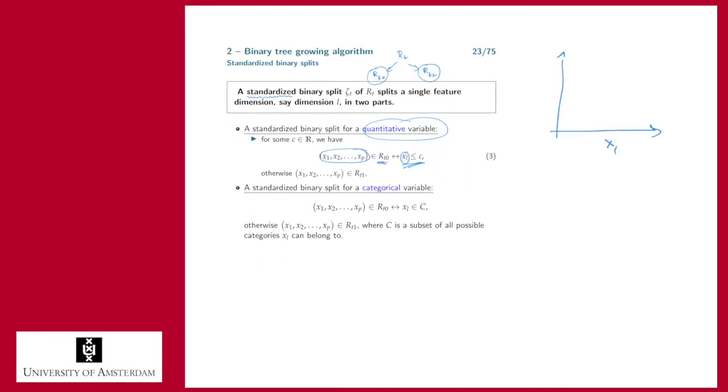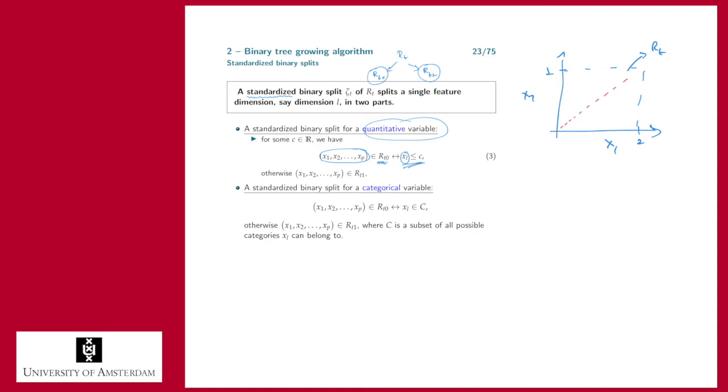assume we have x1, x2, again we have 0, 1, 0, 1. This is our RT space. And we have to split this in two parts. One split that I mentioned on the previous slide is this one. But if we want to do this split, we have to consider both x1 and x2. So we will not allow this type of splits.